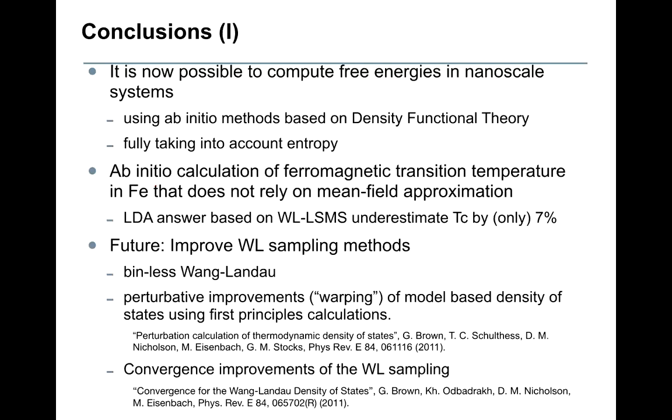So HPC systems really are important in this case, but it really gives us a completely parameter-free way of finding answers to the calculations of the Curie temperature that are basically within a few percent of the experimental value and pretty much have error that is similar to the error that underlies the approximation to the many-body quantum physics that we employed in the form of this local density approximation.